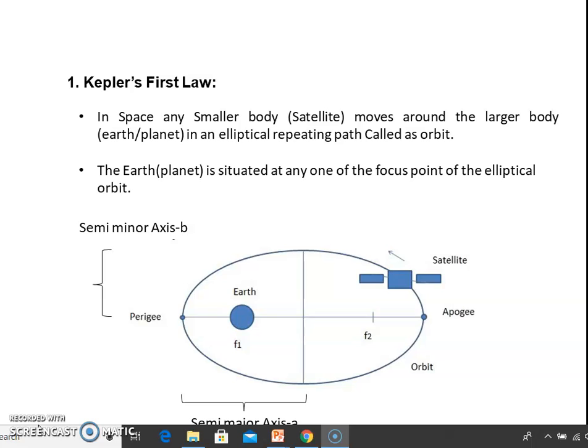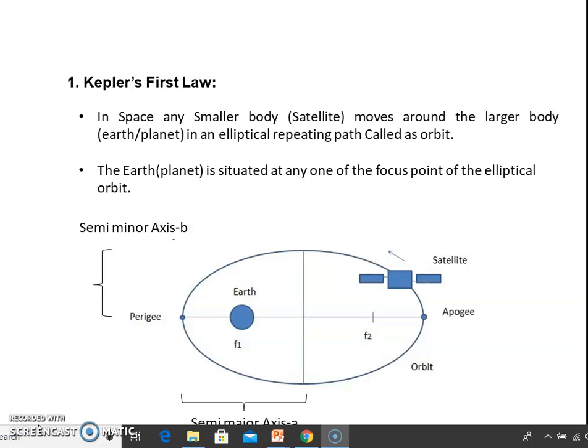The first law of Kepler's, as the slide shows, defines that in space any smaller body, or we can say a satellite in the context of satellite communication, moves around the larger body, which can be either Earth or any other planet, in an elliptical repeating path called an orbit.